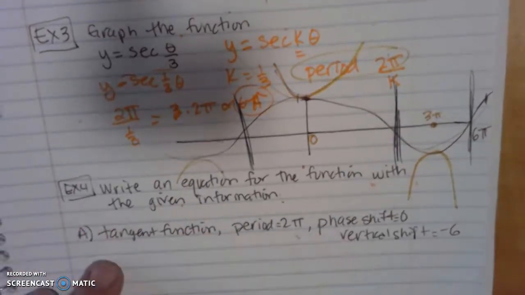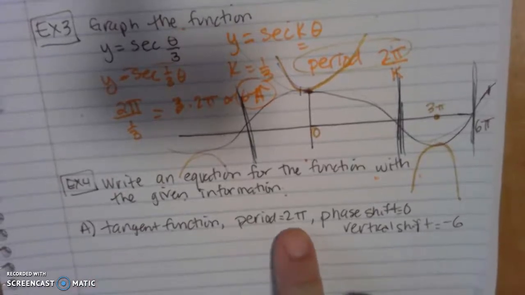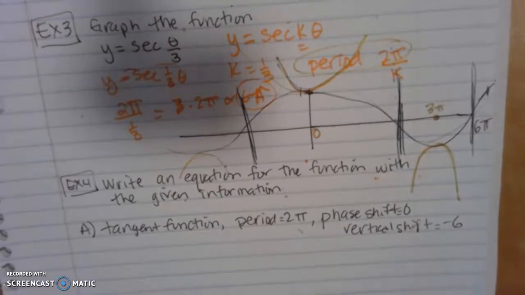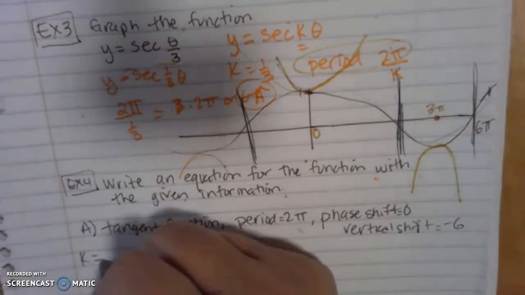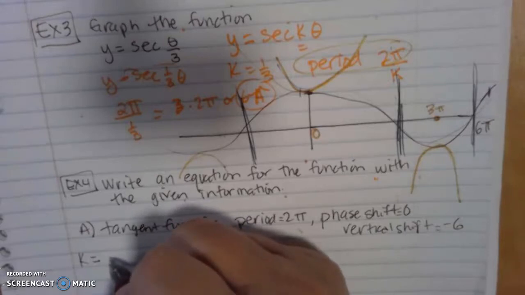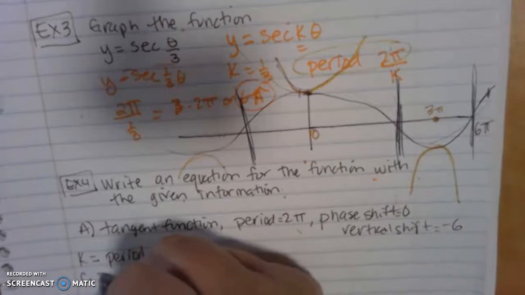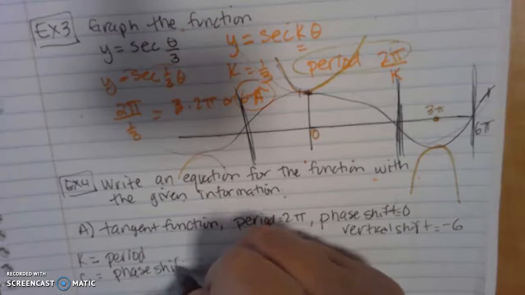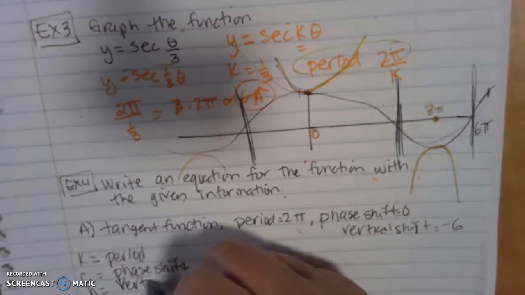Write an equation of the function with the given information. So we want a tangent function. We're told the period is 2 pi, the phase shift is 0, and the vertical shift is -6. So how that works is k is going to represent our period, I'm going to have a number c that references the phase shift, and h is going to be my vertical shift.